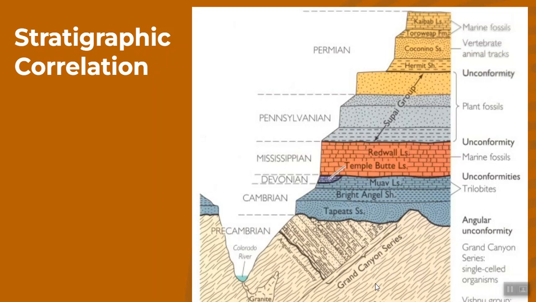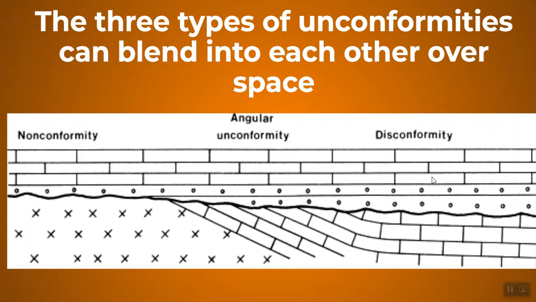Metamorphic rocks, those are shown by those wavy lines, overlain by sedimentary rocks. We have an angular unconformity here. We have angled sedimentary rocks overlain by flat-lying sedimentary rocks. And then up above, we have several disconformities where we have flat-lying sedimentary rocks over flat-lying sedimentary rocks. These unconformities can also shift with time.